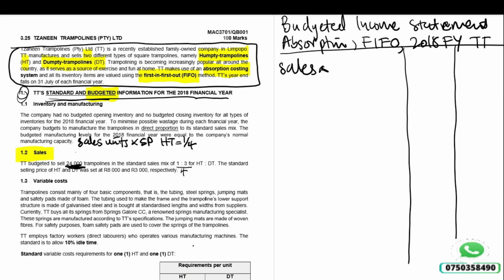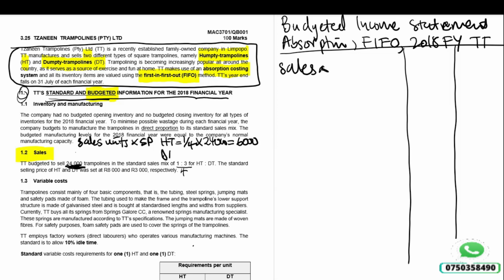It's 1/4, because whenever you're given a ratio, to get the denominator you must add the numerator parts, 1 and 3. So 1/4 of 24,000 equals 6,000 units.